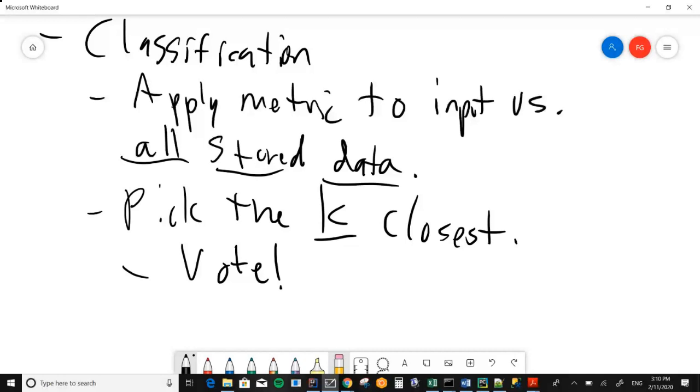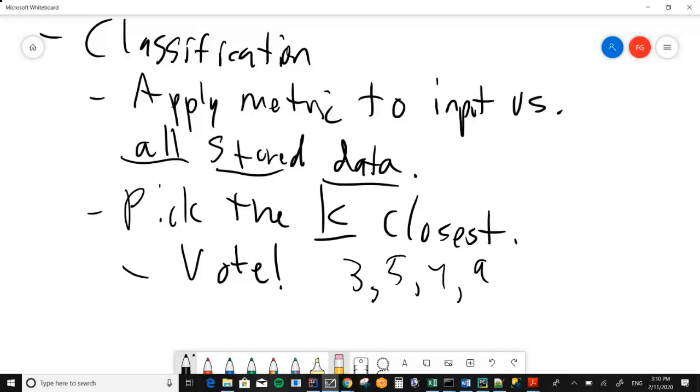Yes? You say k must be an odd value? Doesn't that mean it's like maybe 1 or 3 or 5 or 7? And why? I still don't get why. Okay. Yeah. So typical values are 3, 5, 7, and 9. 1 is less common. But 3, 5, 7, and 9 are all fairly common values. So if we have two categories, in other words, a sentiment can either be positive or negative. If we make it an odd number, when they vote, the result is unambiguous.